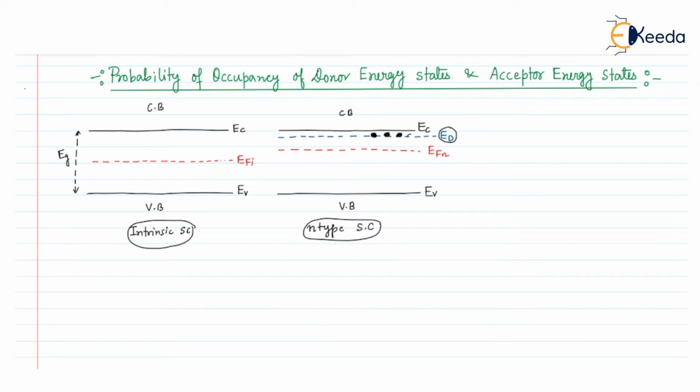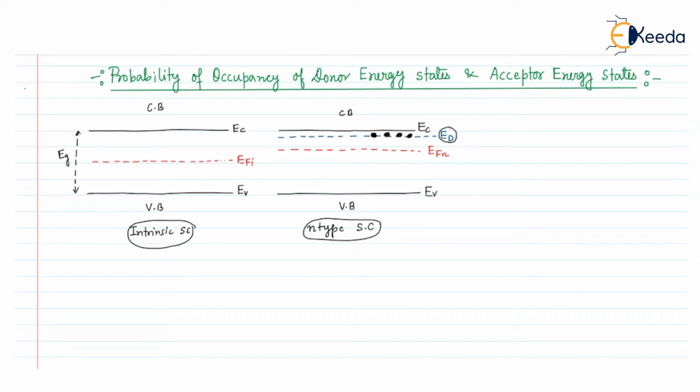These black ones are the donor atoms, and they are positioned on the donor energy states. Now we have to find the probability of occupancy of these donor energy states by the donor atoms.